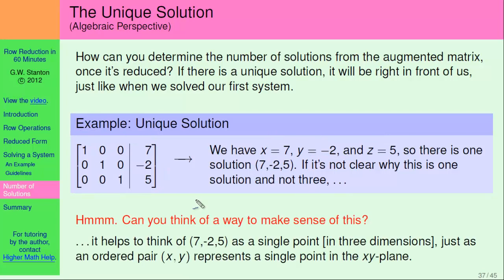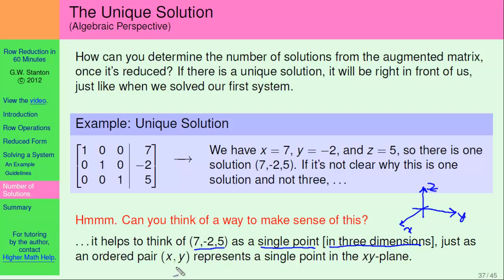It helps to think of (7, -2, 5) as a single point in 3-dimensional space, which just looks something like this, where we have an x, a y, and a z-axis. Just like an ordered pair (x, y) represents a single point in the xy plane.